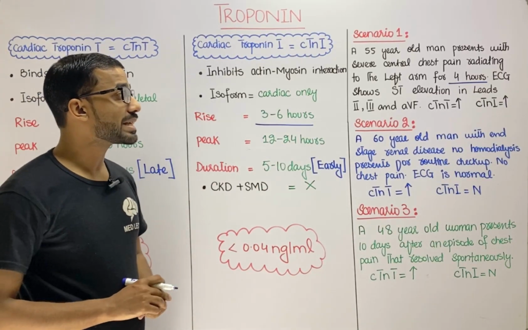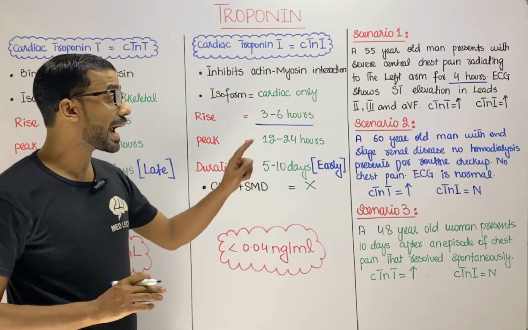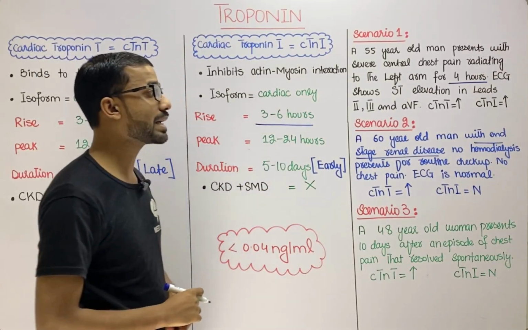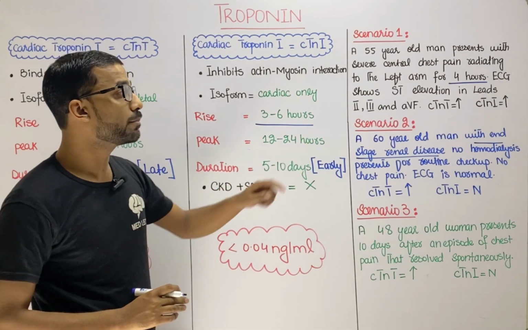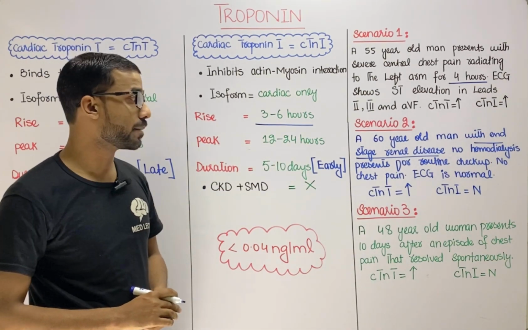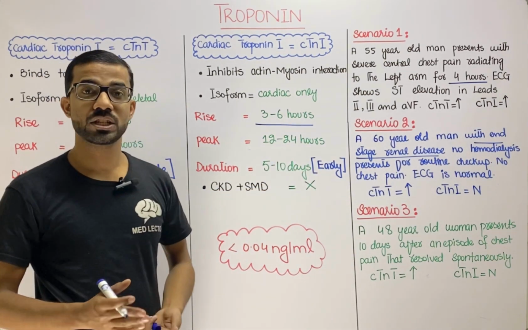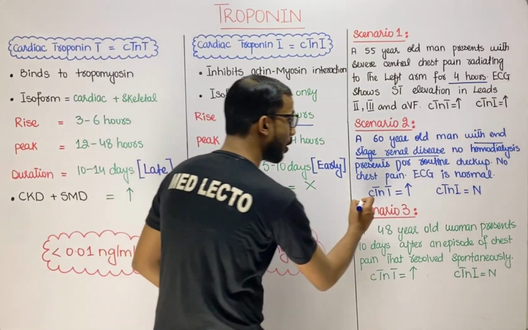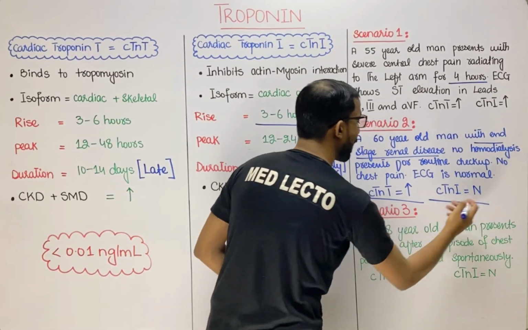Next scenario is a 60-year-old man with end-stage renal disease. He has a kidney problem, no hemodialysis, and presents for a routine checkup, no chest pain, ECG is normal. But troponin T is high and troponin I is normal.